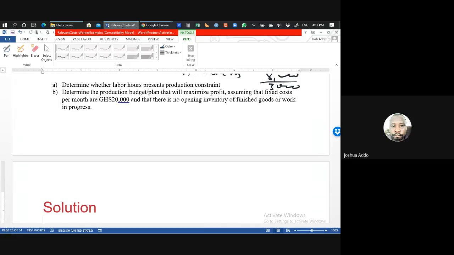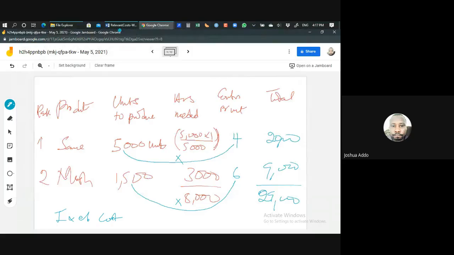So if you want to calculate full profitability by bringing in the fixed cost, which is 20,000, then our profit will be 9,000. When you use any other production plan, your profit will be less than 9,000.